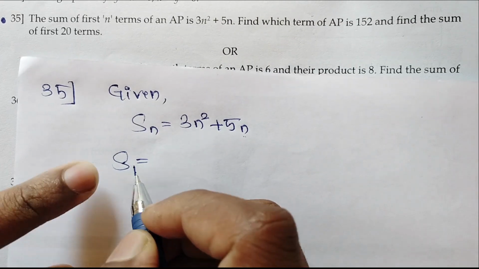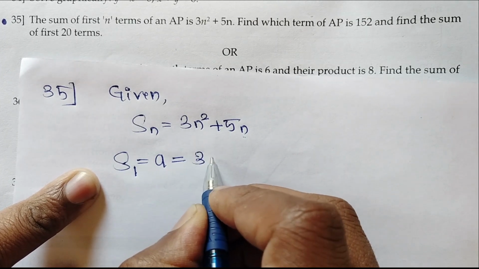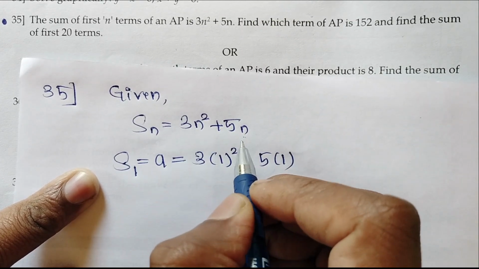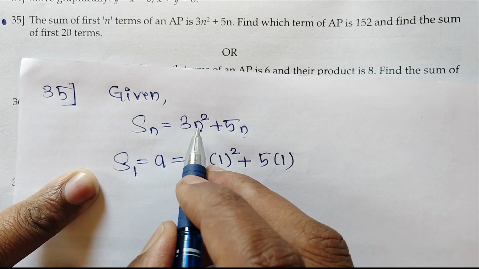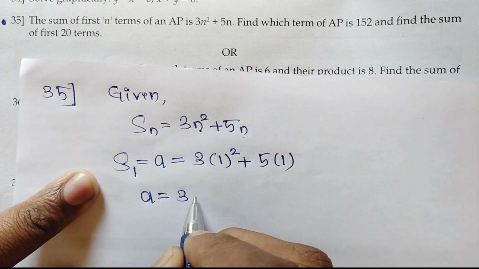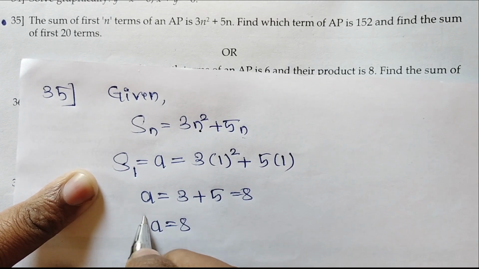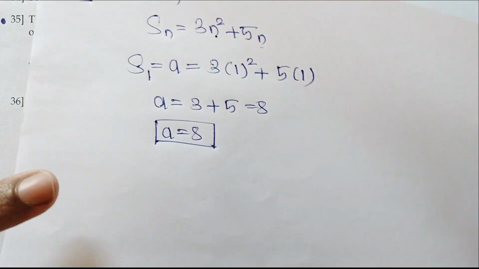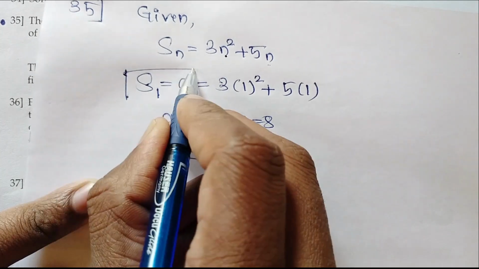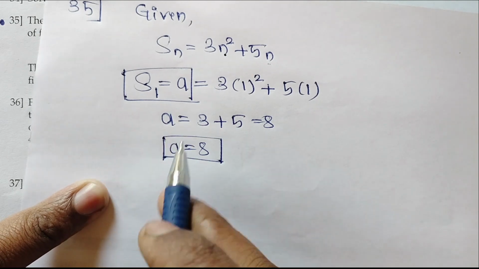To get a and d, the sum of the first term, which is a, is given by 3 times 1 square plus 5 times 1, substituting n equals 1 in this relation. We get a equals 3 plus 5 equals 8. So a becomes 8. So the first term of this AP is 8, because S1 equals a, the sum of one term is a only.